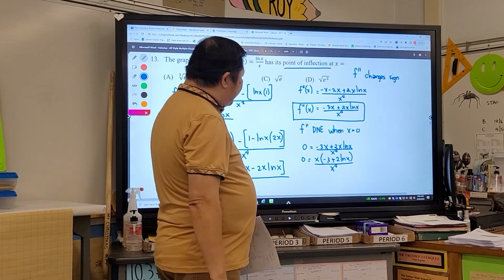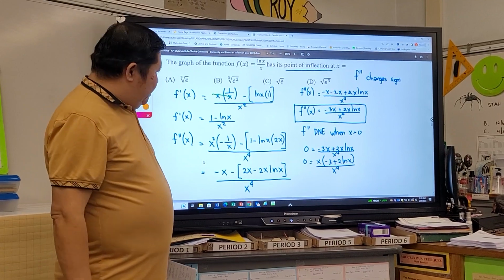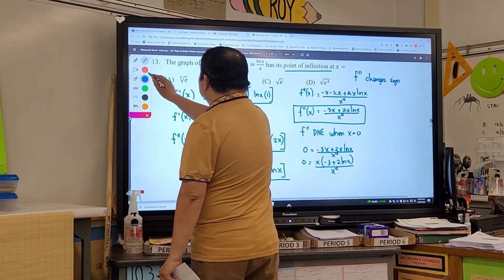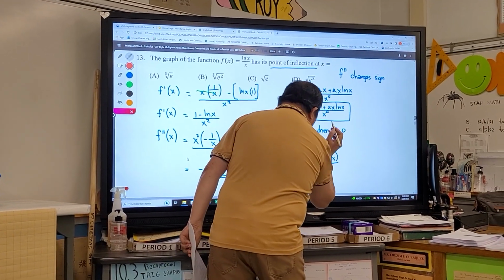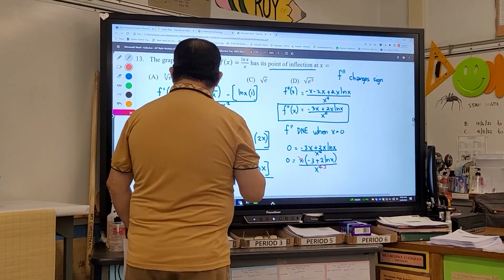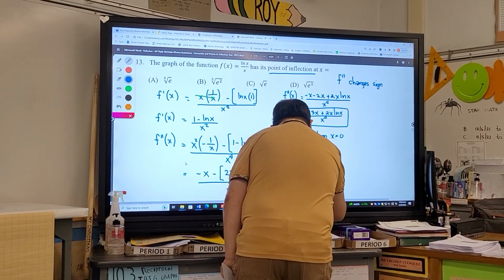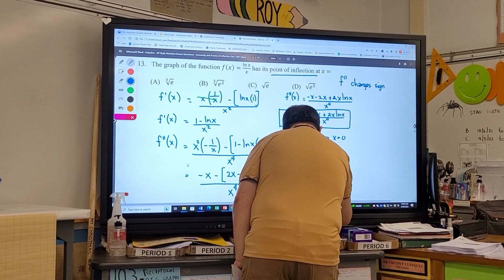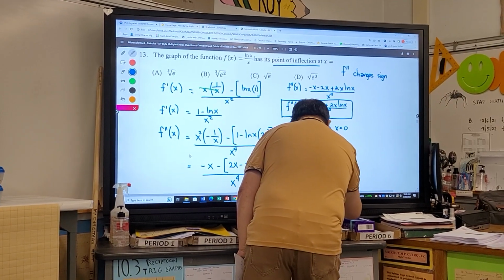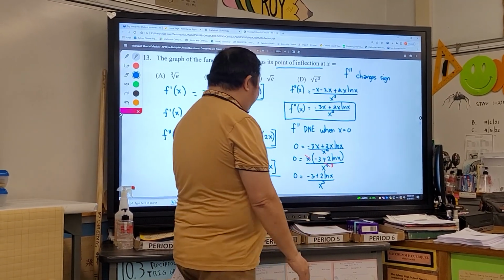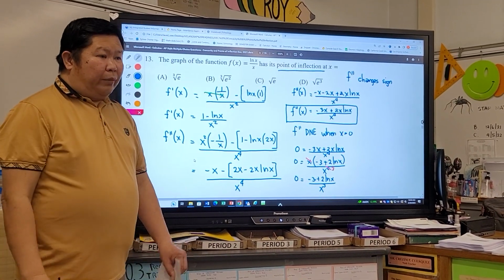What do you notice, guys? We can cancel one of the x's at the bottom. So this becomes x cubed. So I'll just write, we have 0 is equal to negative 3 plus 2 ln x over x to the power of 3.